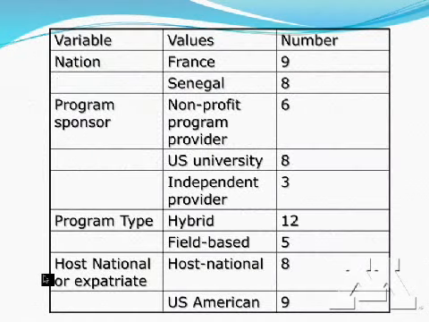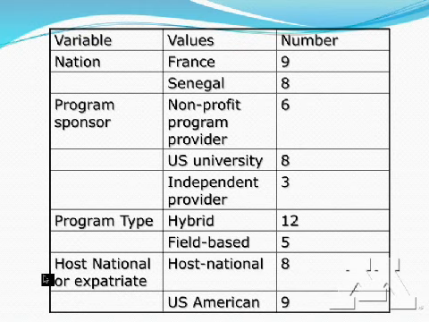Just to give you a little bit of an idea of who I talked to in my research, I interviewed resident directors in 2 different countries, France and Senegal, so 9 in France, 8 in Senegal. They were from a wide variety of different types of study abroad programs, so nonprofit program providers. This is the CIEE, IES kind of group of study abroad organizations.